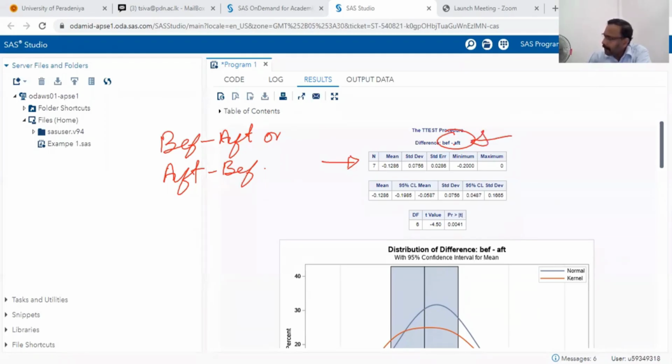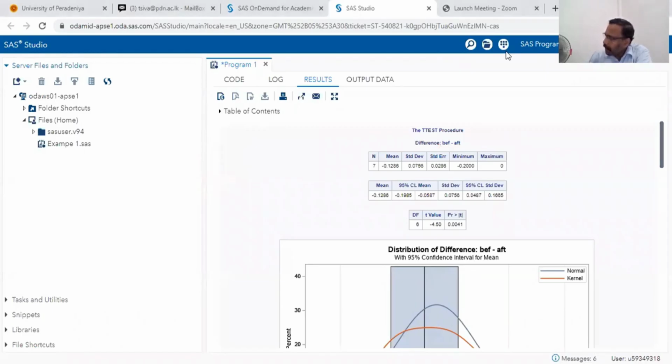Yes, we can. You see, before minus after, as I pointed out earlier, this mean difference becomes a minus value. So it is a bit confusing for you. So why can't we take the mean difference as plus? So that should be after minus before.